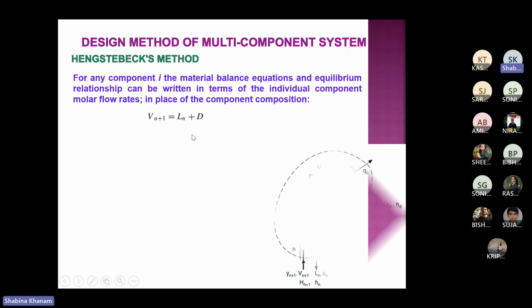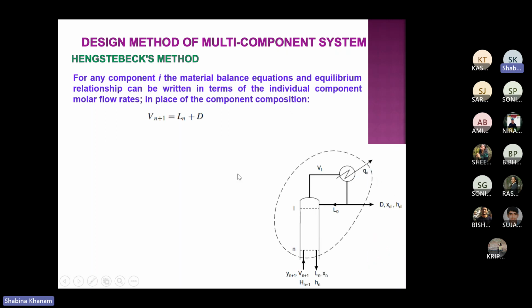Okay, so this equation you are already familiar with, but Henstebeck says this is also the equilibrium relation, right? That you know. The Henstebeck method says that instead of total flow rate, we will consider component molar flow rate.